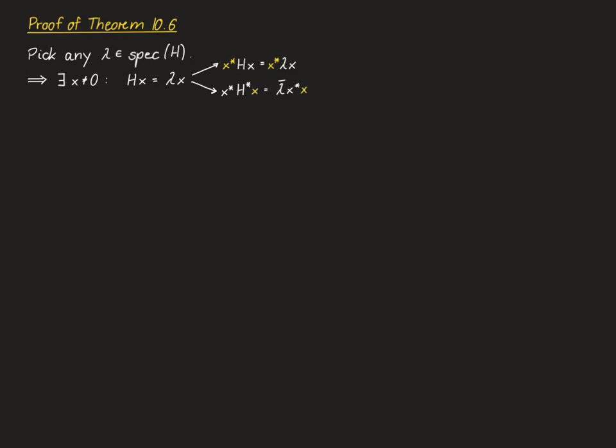Now, since H is Hermitian, H is equal to H star, and therefore the left-hand sides of these two equations are equal, and hence also the right-hand sides must be equal, and we have that x star times lambda times x is equal to lambda bar times x star times x. On the left-hand side, we can pull the scalar lambda into the front of this product, and then we can replace x star times x with the 2-norm of x squared in both expressions.